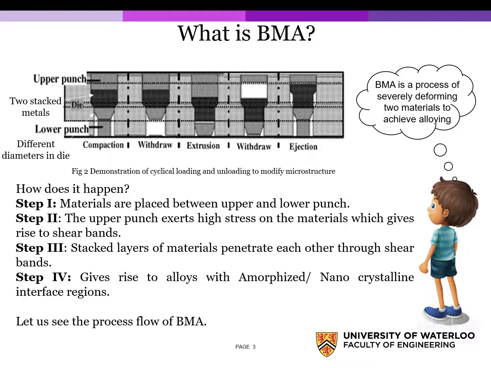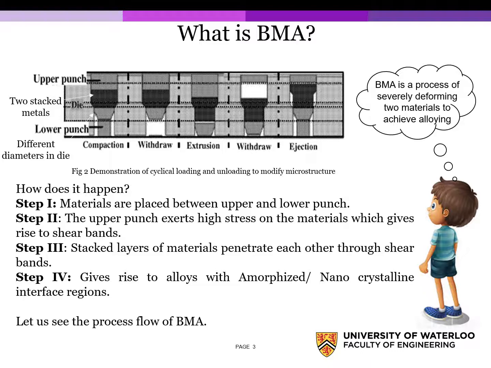So this gives rise to shear bands. Step 3. The stacked layers of materials then penetrate each other through the above mentioned shear bands. Step 4. This gives rise to alloys with amorphized nanocrystalline interface regions.